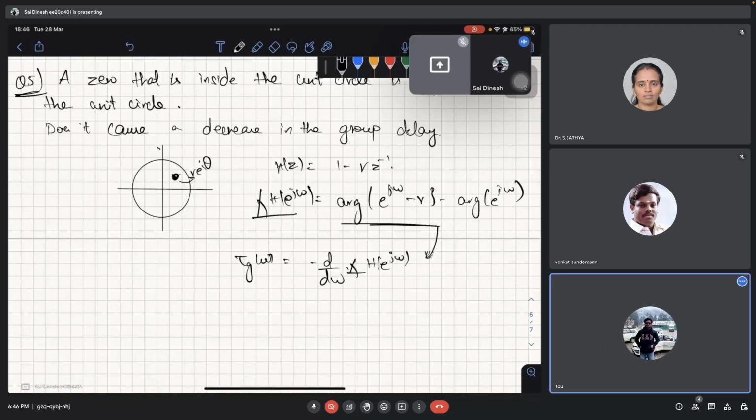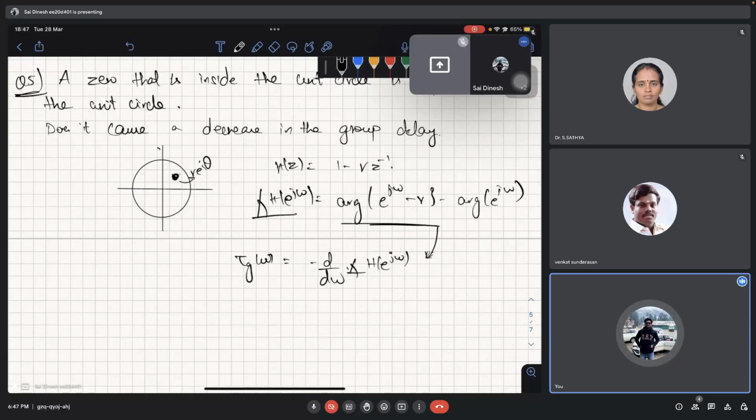Group delay is like how the phase shift is changing with respect to omega. How fast is the phase shift changing with respect to omega? In order to calculate that, we do a derivative. When we have a function and we want to know how rapidly it is changing, that is basically the slope of that function at a particular point, so we find the derivative.